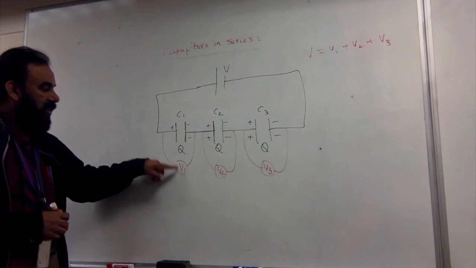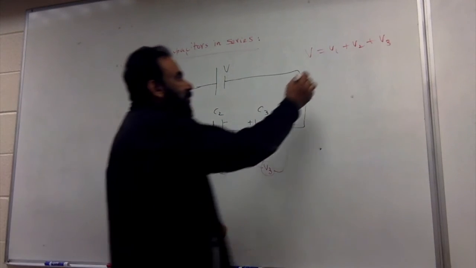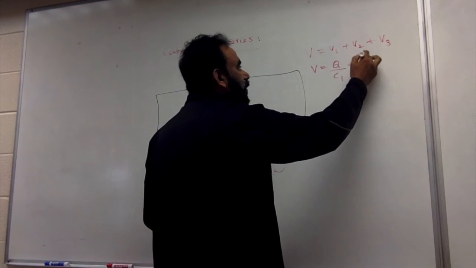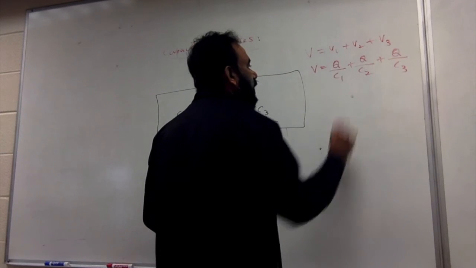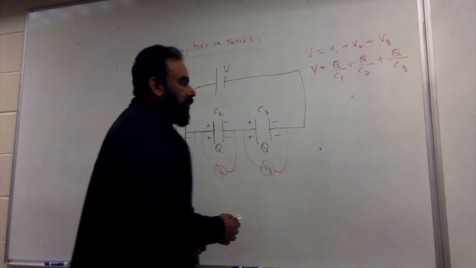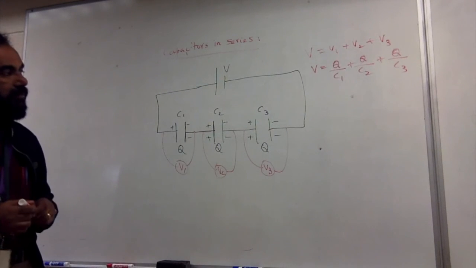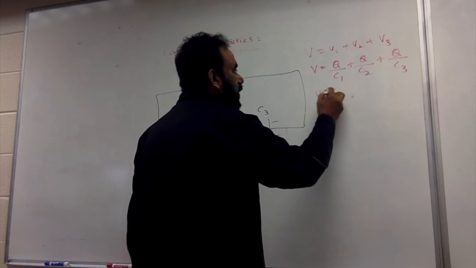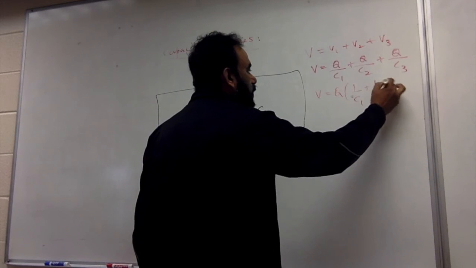Now what is V1 in terms of Q and C1? So I'm going to write Q over C1 plus Q over C2 plus Q over C3. You can take Q out common, so V is equal to Q times 1 over C1 plus 1 over C2 plus 1 over C3.